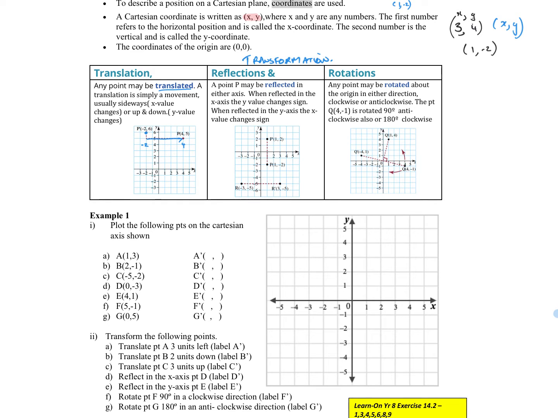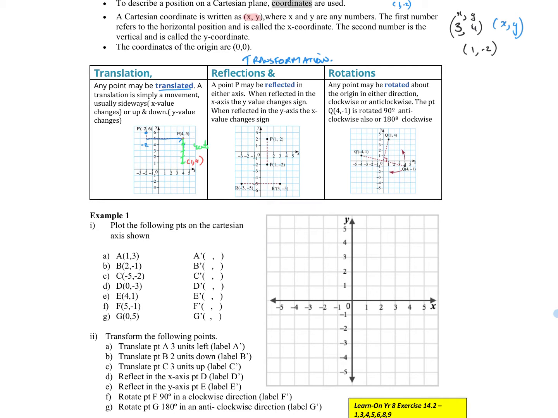We could do the same thing with a vertical translation. I might move from that point there, (4, 5), down to that point there, (1, 4), and you can see we've gone 1, 2, 3, 4 units down. So my translations can be moving left or right, or up and down.